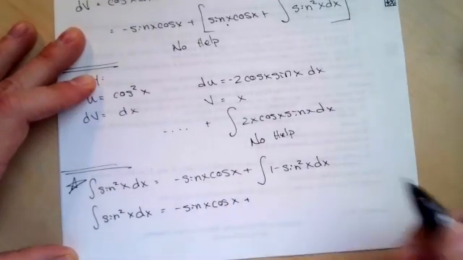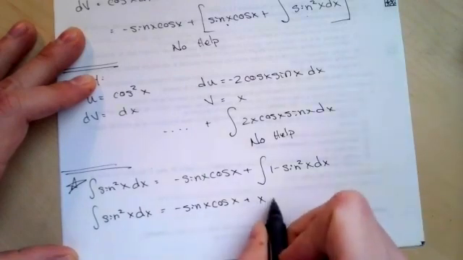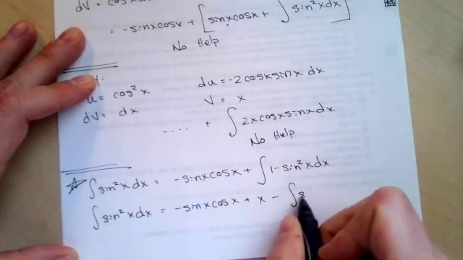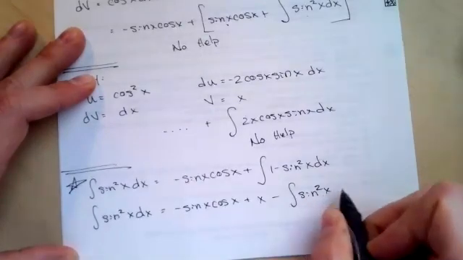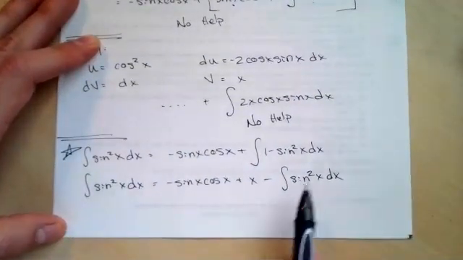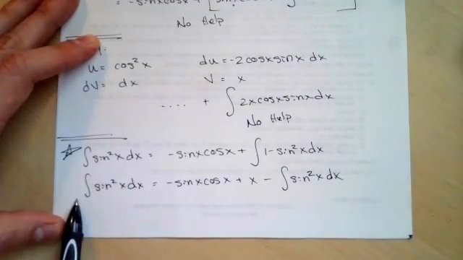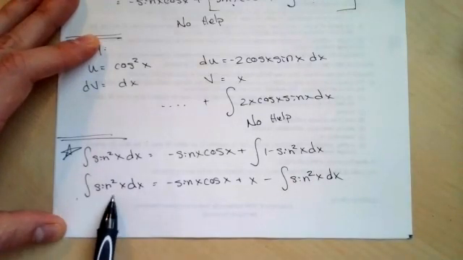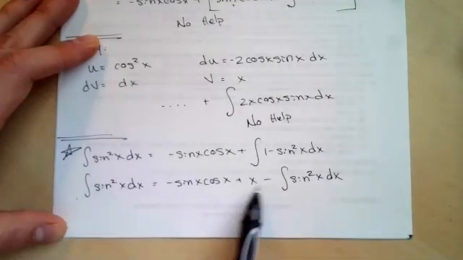So the integral of 1 just gives us x, minus the integral of sine squared x dx. And so I can add this entire integral over to the other side to get 2 times the integral of sine squared of x equals this.